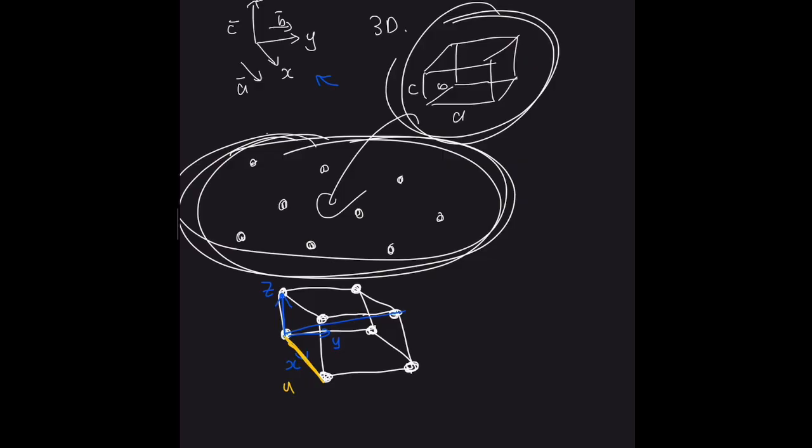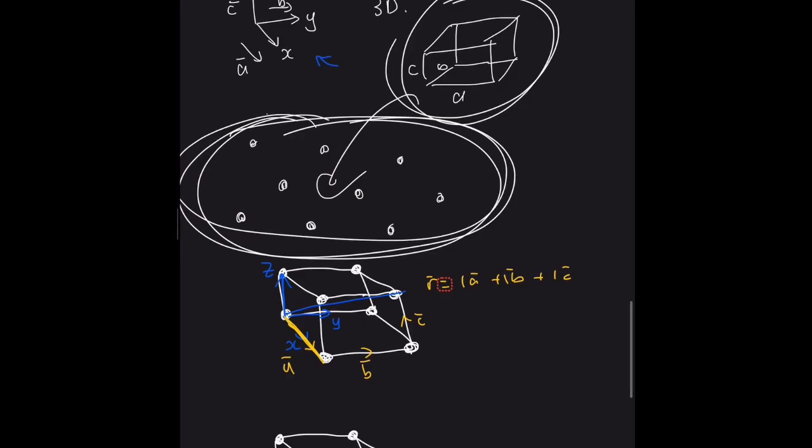So this will be your vector A, this will be your vector B, and this will be your vector C. So the direction of this line is simply 1A plus 1B plus 1C. So that's the direction of this line. So how do we put that in our crystal notations? We simply have to not write A, B, and C, and we can put the numbers, the coefficients, in square brackets. So that will be 1, 1, 1.